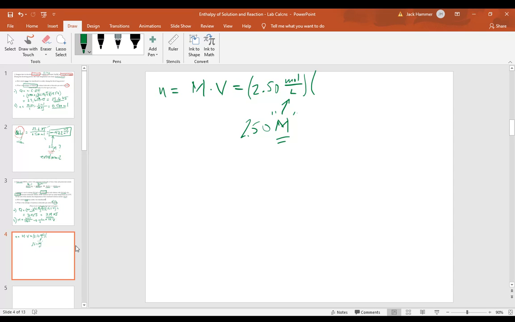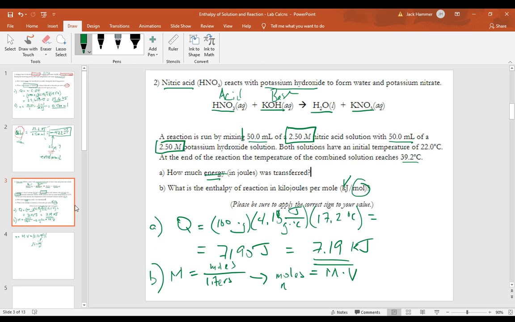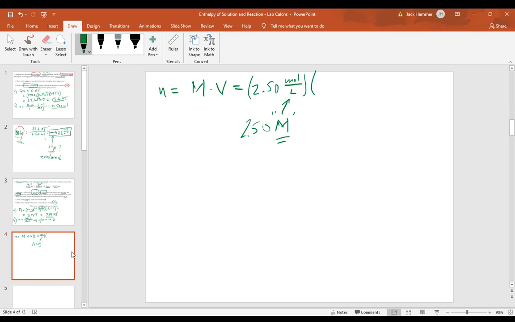And then 50 milliliters, right? 50 mils, that's 0.0500 liters when you convert that to liters. Okay, so that's the other thing. You have to have the volumes in liters. So you multiply these together, and you're going to get 0.125 moles. Okay, so hopefully that came out okay for you guys.